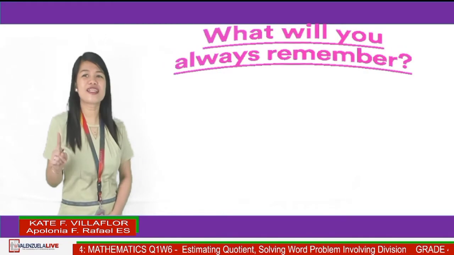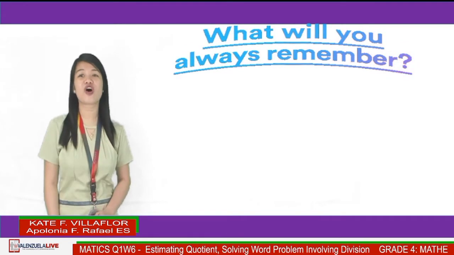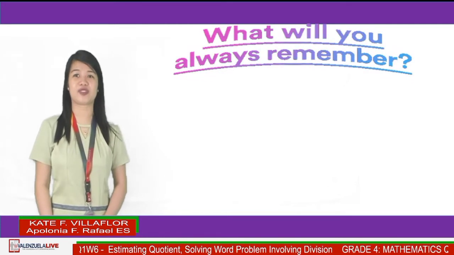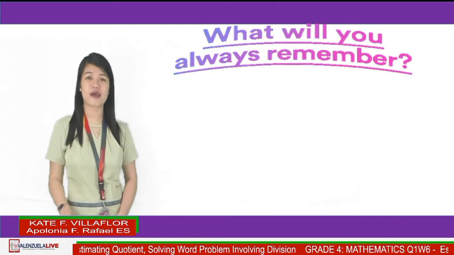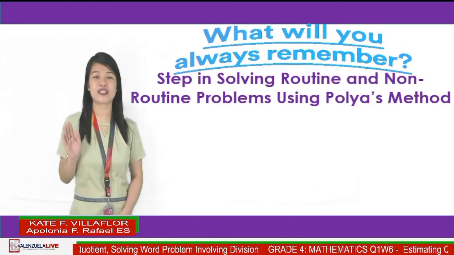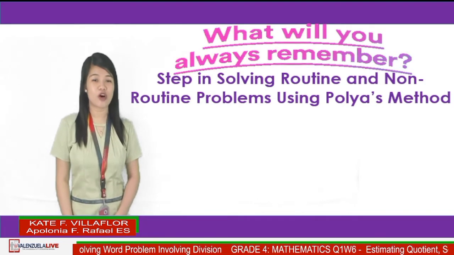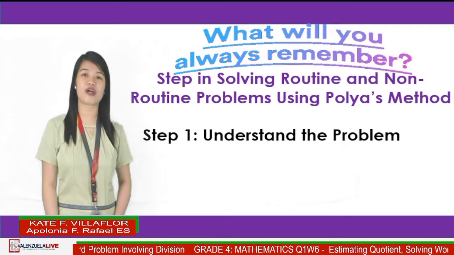Okay, what are the things that you need to remember in solving routine and non-routine word problems? Just remember the following steps. These are the steps in solving routine and non-routine problems using Polya's method. First thing to do is to understand the problem.